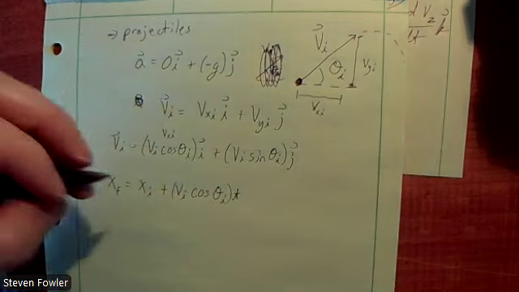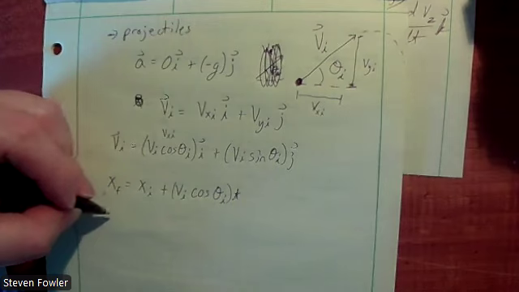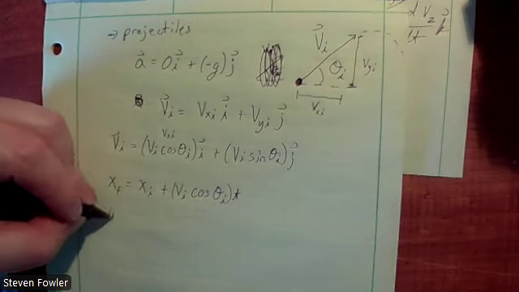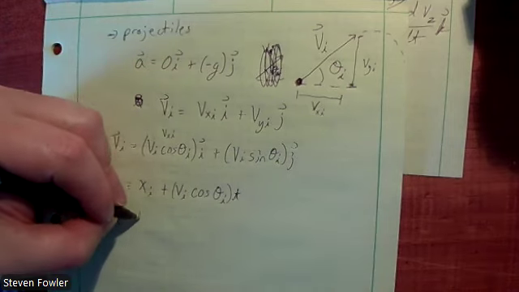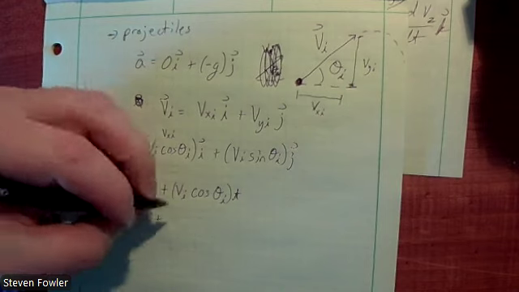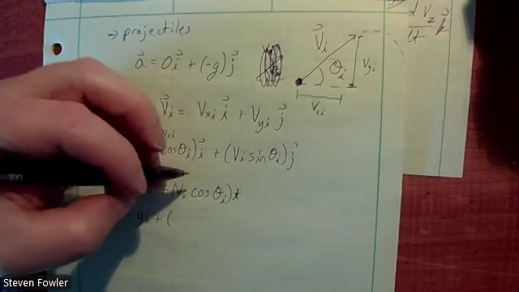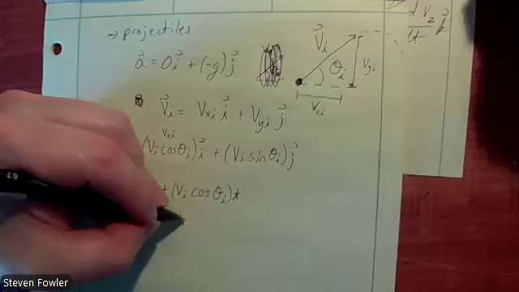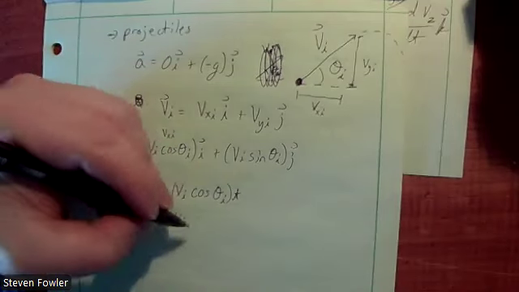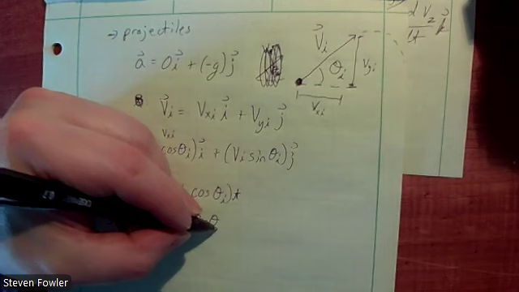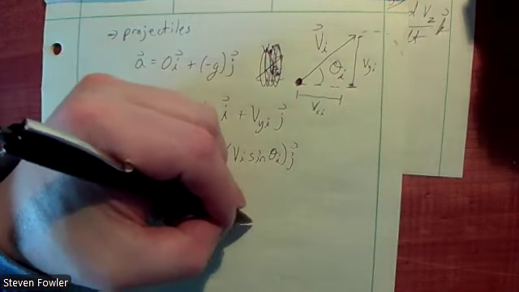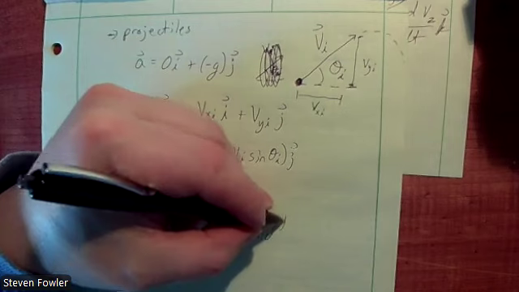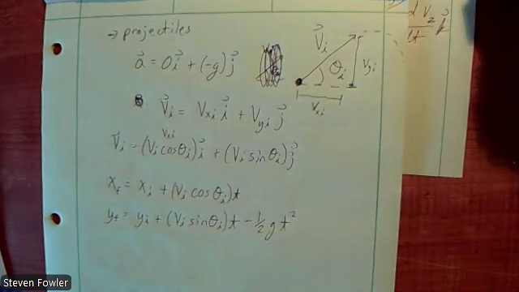And then your y location, y final, is going to equal y initial plus the velocity in the y direction. That's going to be Vi sine theta I times t. And then, because it's accelerating in the y direction, you have to account for that acceleration. So it's going to be minus 1/2 whatever gravity is times time squared.